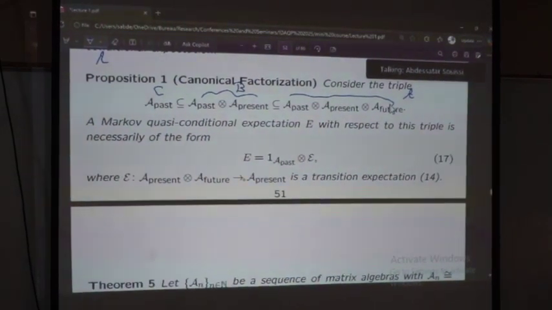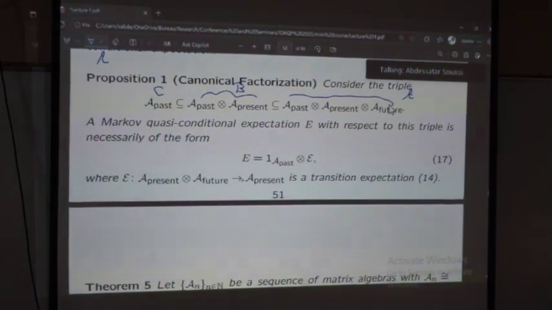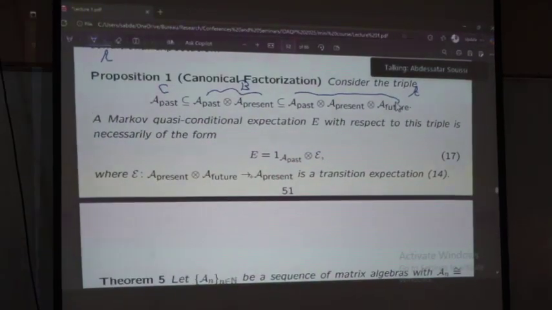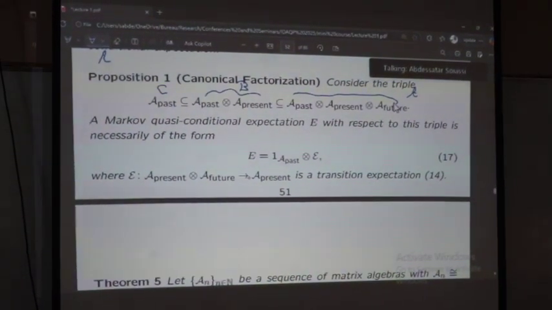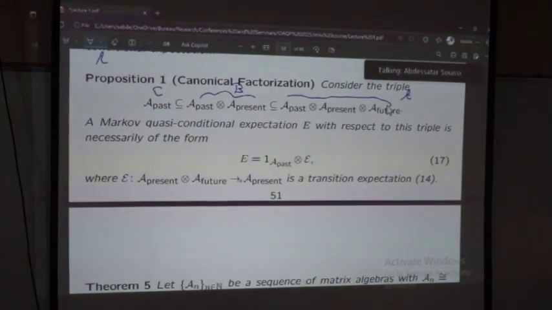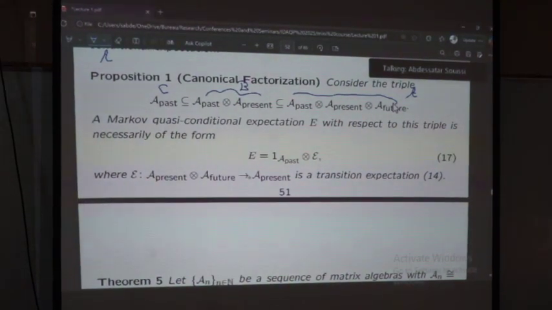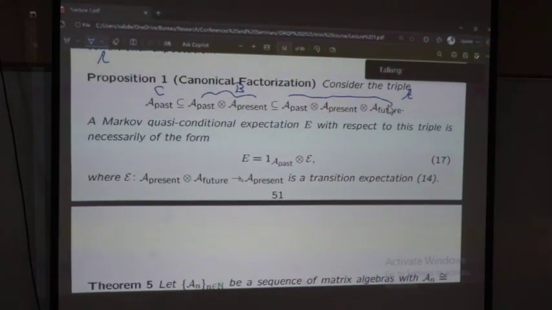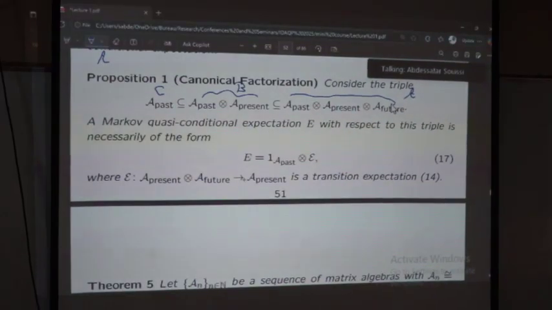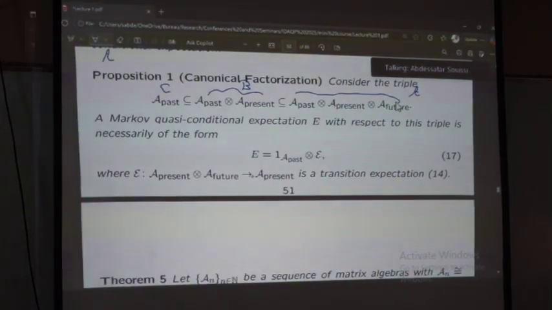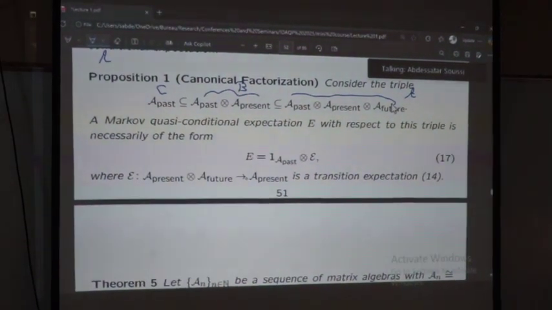Now, a Markov quasi-conditional expectation can be identified into a map E that equals the identity over the past algebra tensor E, of course when these algebras are finite-dimensional factors.